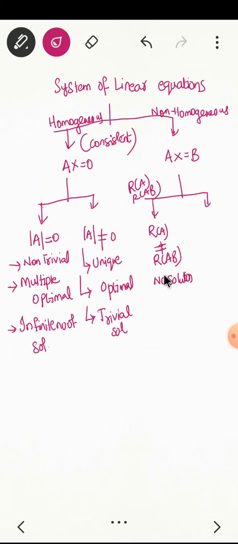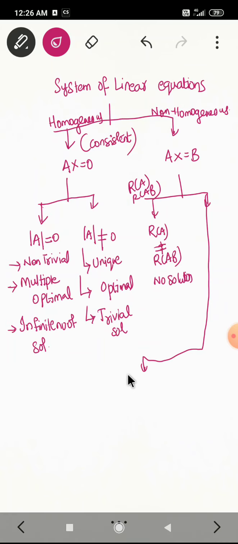So that's why I was calling non-homogeneous solutions may be consistent or may not be consistent. There is a chance that you may get no solution also, but here, for homogeneous, there is no chance of no solution.